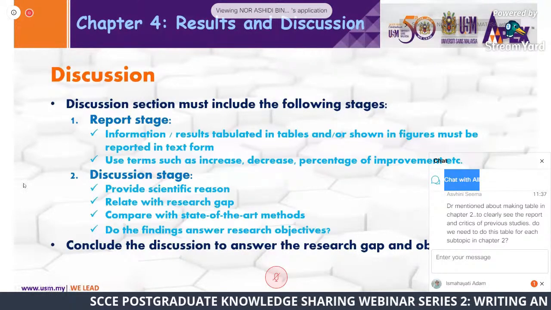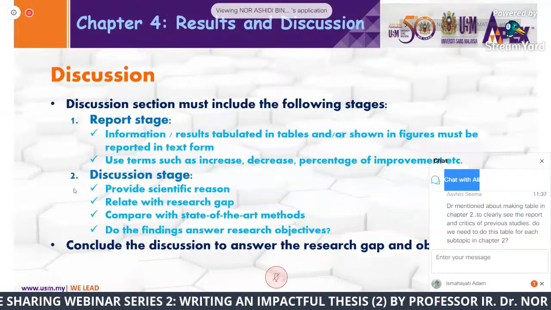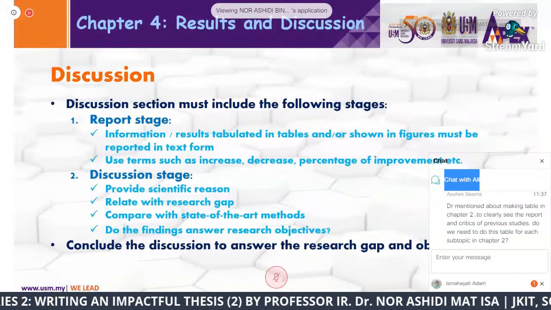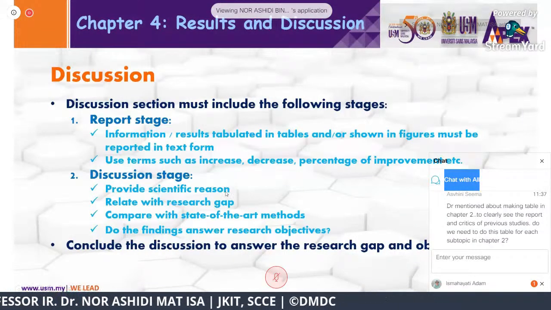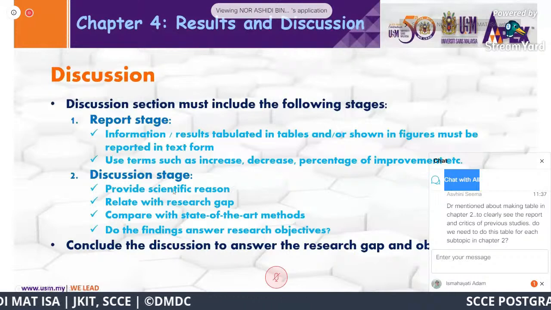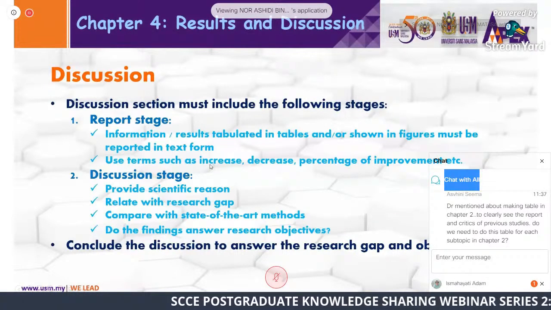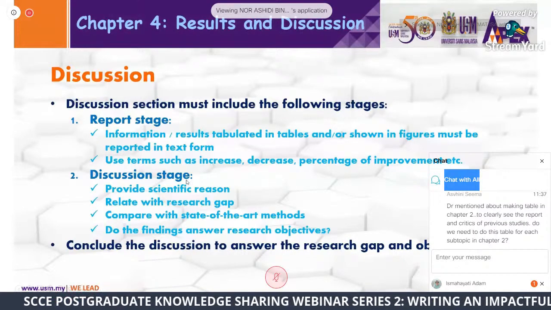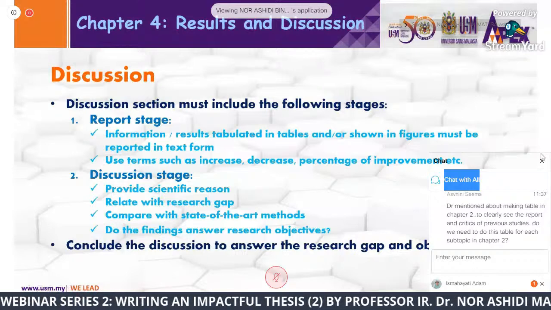That is why my students are afraid of me, because every time I viva them, I will focus on this scientific reason. If they are not able to explain why they get such results, it means your knowledge as a PhD student is not there yet.